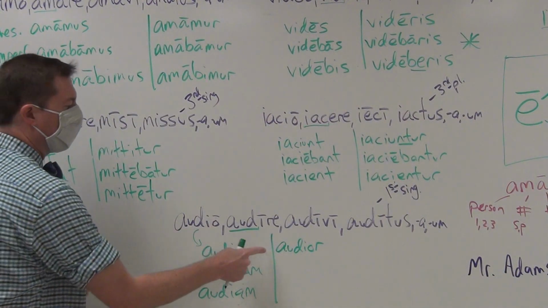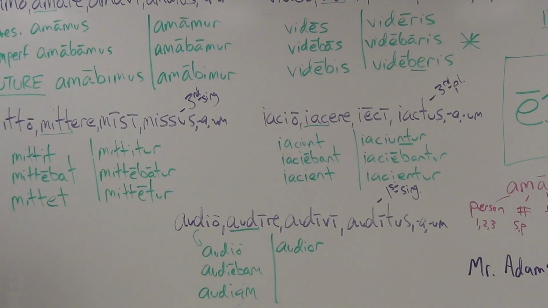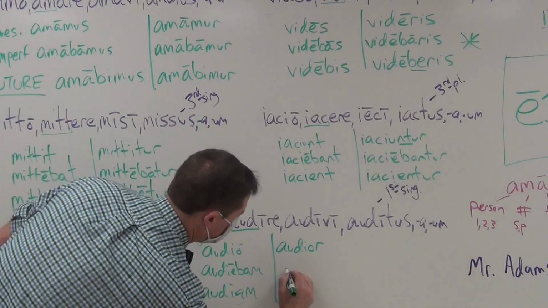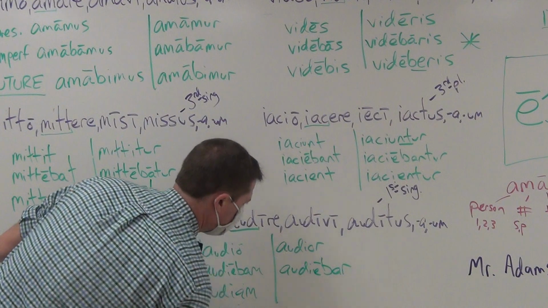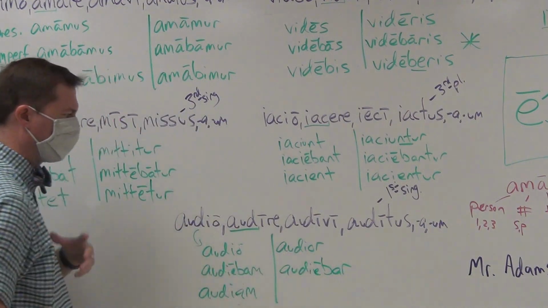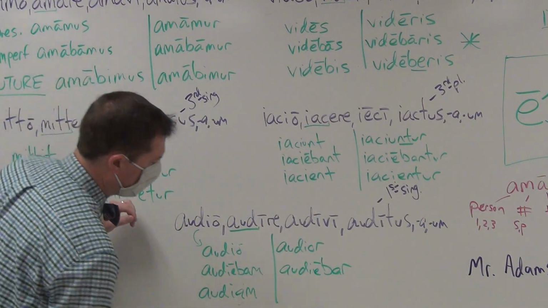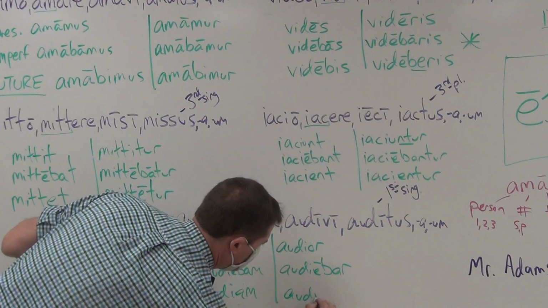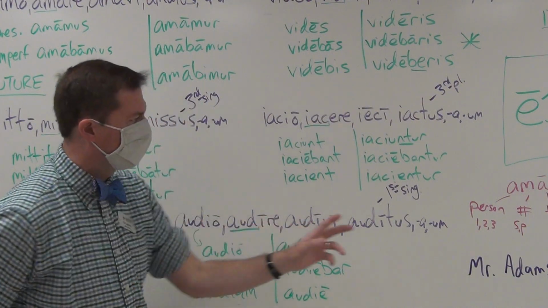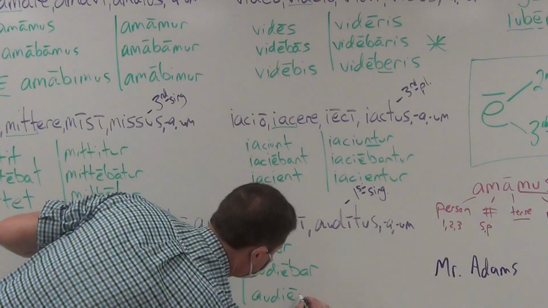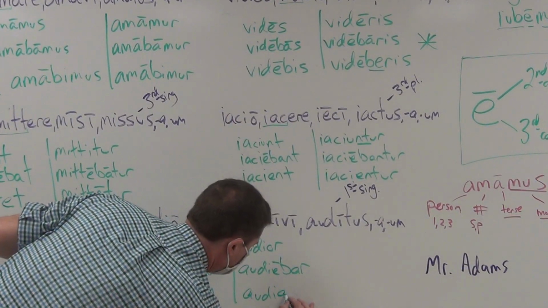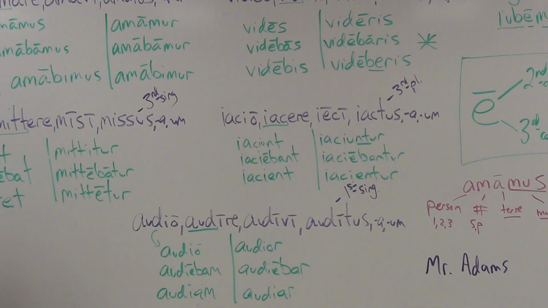I hear, I am heard, I am being heard. Here, it would be audiēbar. Instead of an M, it has that R for the passive. And then audiam turns into audiar. And then, remember, long E plus R, same event in which it turns into an A. And thus you have audiar.